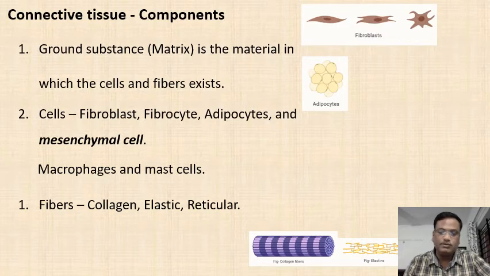Macrophages are mainly the phagocytic cells, which will destroy the pathogen that enters into the tissues, and they protect the body by phagocytosing the pathogen. So macrophages are basically the phagocytic cells, which are part of the immune response.